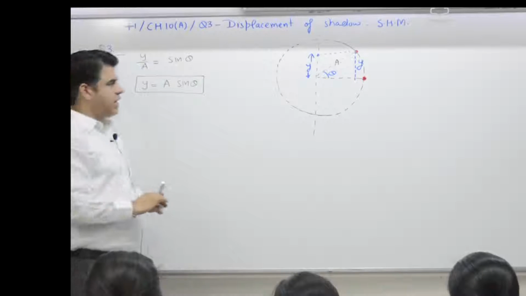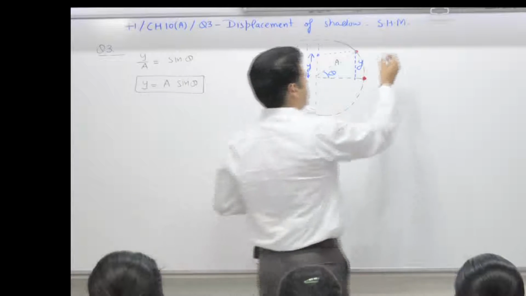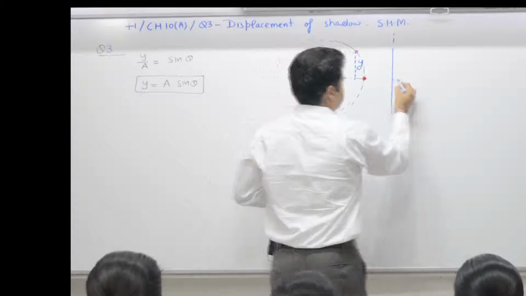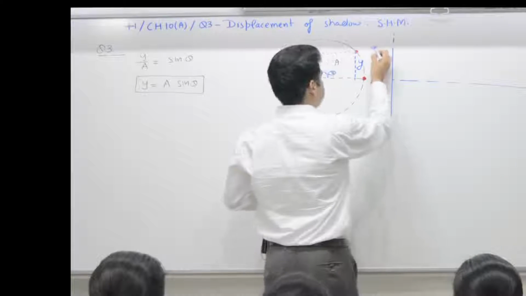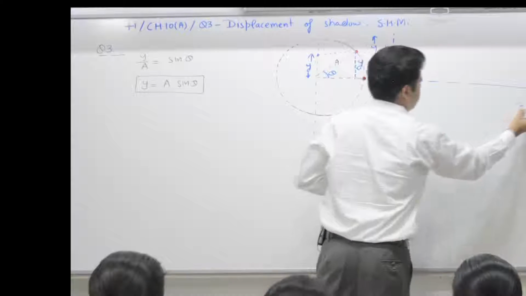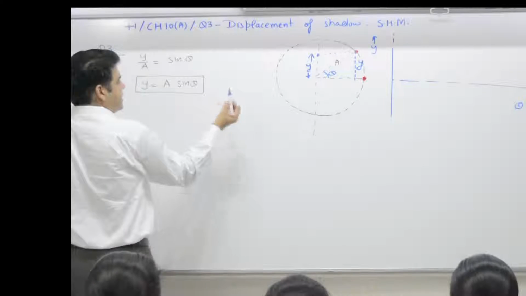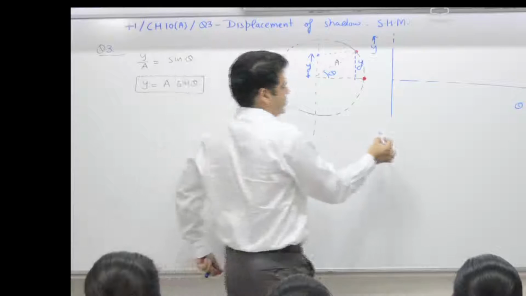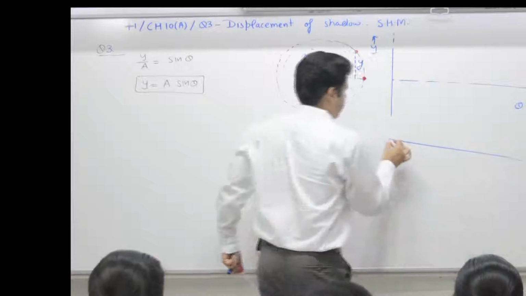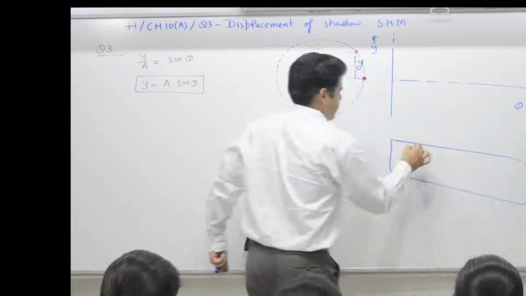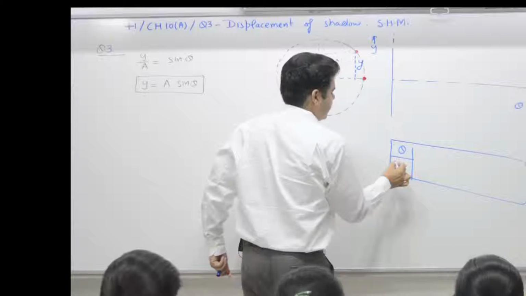And we want to analyze the motion of the shadow. y as a function of theta. Let us make a table: theta and y, or sine theta.